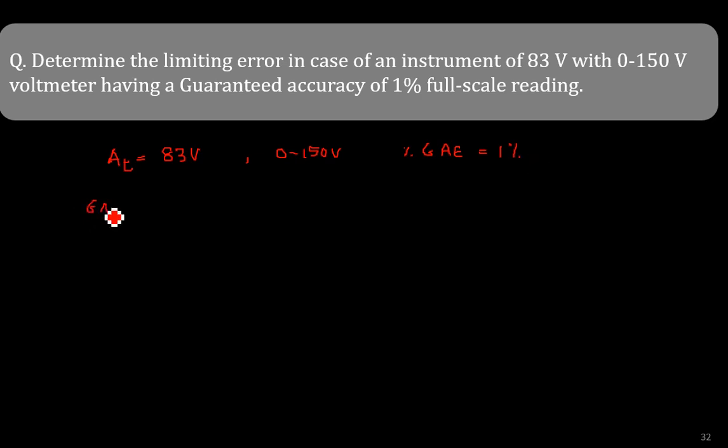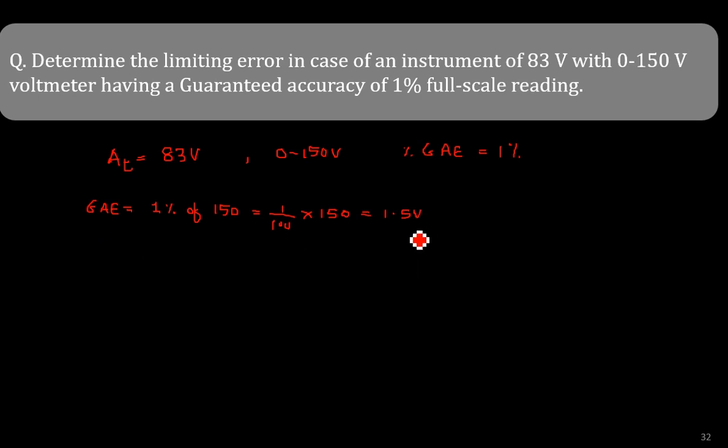So your guaranteed accuracy error will be 1% of the full scale reading, that is 150, that is 1 by 100 into 150, which will be giving 1.5 volt.